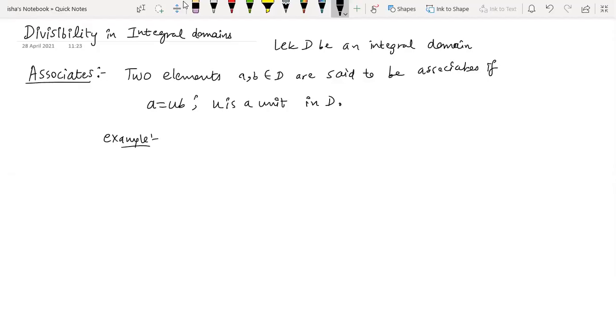The simplest possible example of an integral domain which we always think of is the integers. In the ring of integers, 3, for example, can be obtained from -3 by multiplying it with -1, and we know that -1 is a unit because 1 and -1 are the only unit elements in the ring of integers.